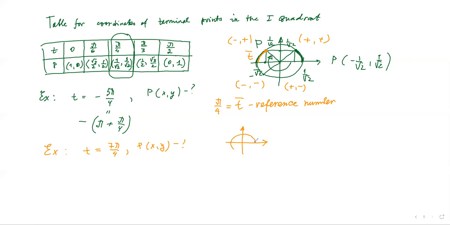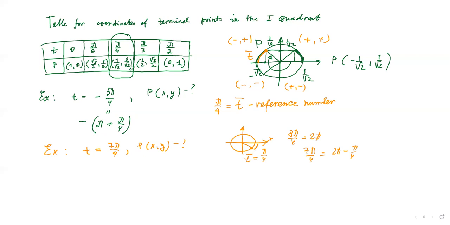So what is 8 pi over 4? 8 pi over 4 is 2 pi, a full circle. 7 pi over 4 is a little bit less, 1/4 less, right? So it's 2 pi minus pi over 4. So what is missing from this point to the x-axis? Well, pi over 4. So my reference number is pi over 4.